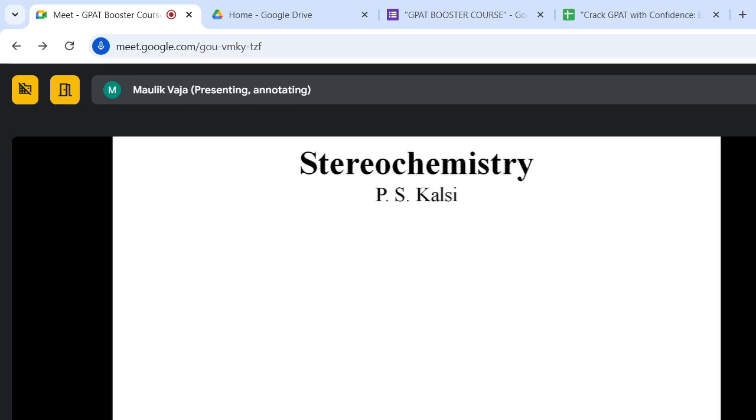The term atropisomers is used for isomers that can be interconverted by rotation about a single bond, as I have already told. So option A will be the correct answer.